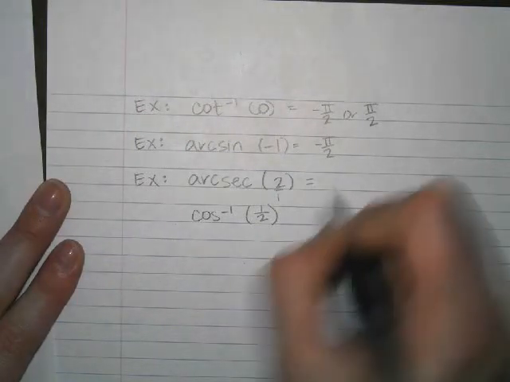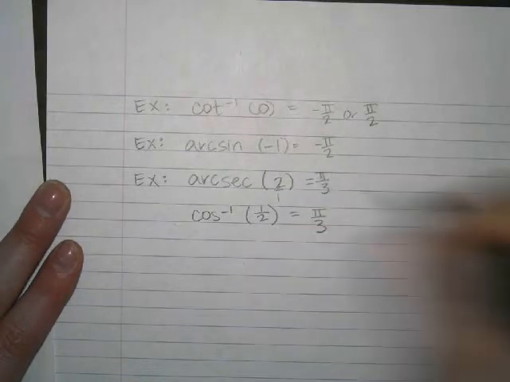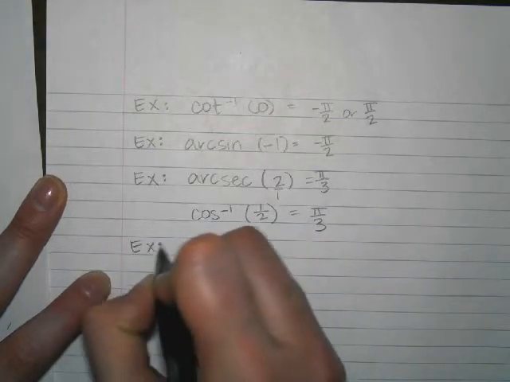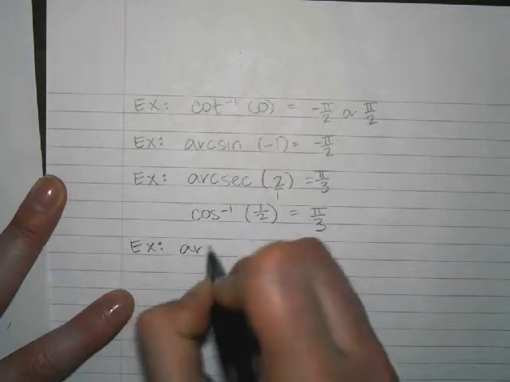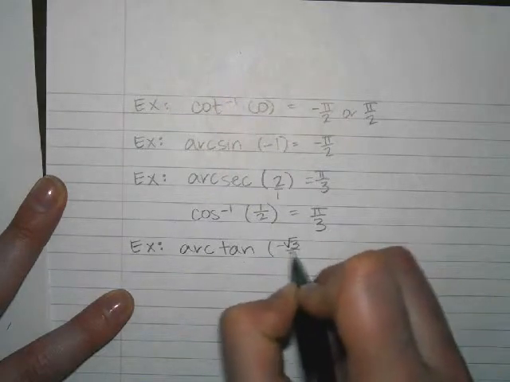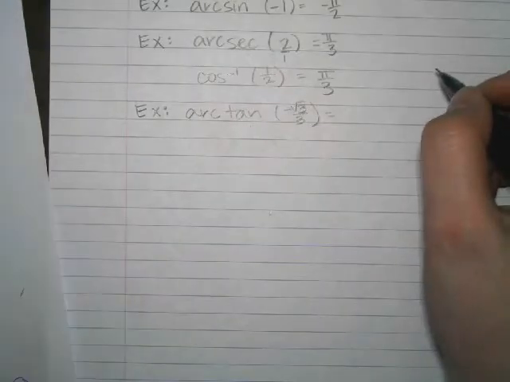Yeah, pi thirds. So this is pi thirds, which means that this answer must have been pi thirds. Okay. All right, last one, and then I'll let you guys practice. We're going to do arctan of negative root 3 over 3.